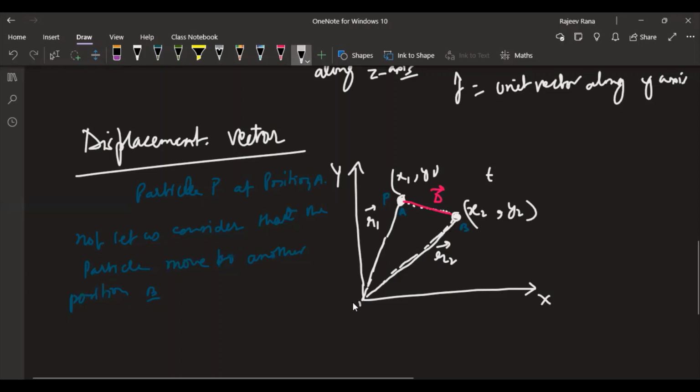So this is origin O, and these are the two position vectors, R2 and R1. R2 and R1 are the position vectors. So what is the mathematical expression for a position vector?